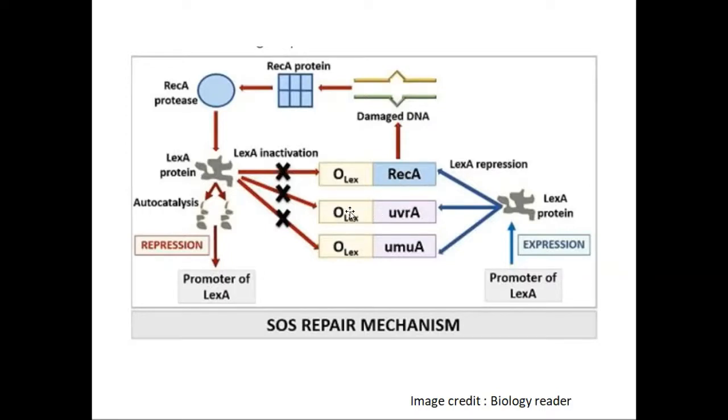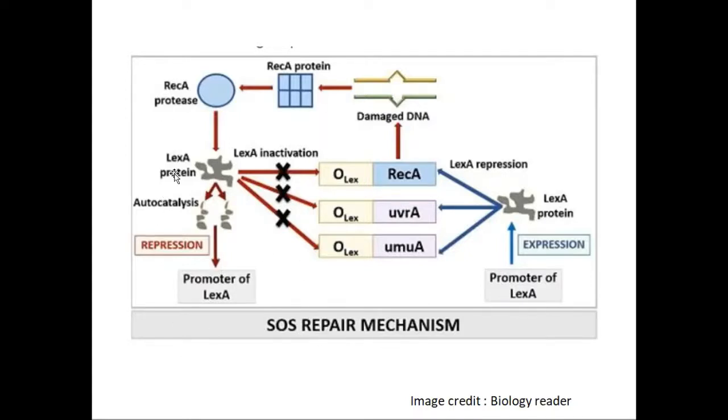But when DNA damage is there, various proteins like RecA get activated, and UvrA gets activated, and UmuA gets activated. So this is the cycle of events which normally happens.